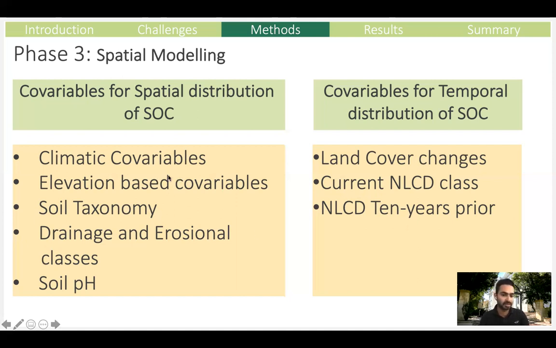So we'll be using climatic covariables, elevation-based covariables, soil taxonomy, drainage and ecological classes, and soil pH to show types of soils or inherent soil properties, and the dynamic factor which changes with time is land cover changes for two different time periods.